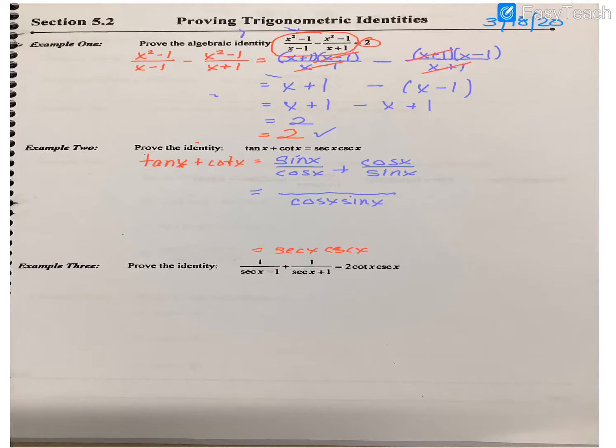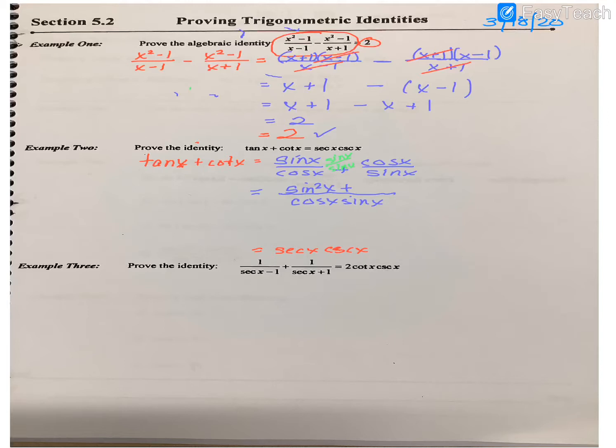On the first fraction, what is it we're missing here? We already have a denominator of cosine x. We need our denominator to be cosine sine, so we're going to multiply by sine x. If I multiply the denominator by sine x, I'm going to multiply my numerator by sine x. Sine x times sine x is sine squared x, plus the second fraction.